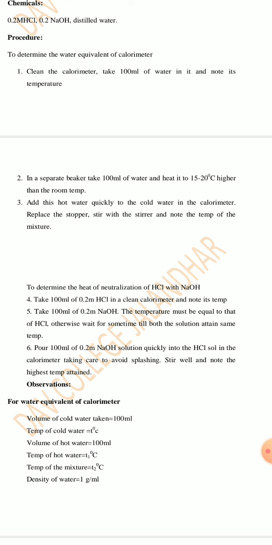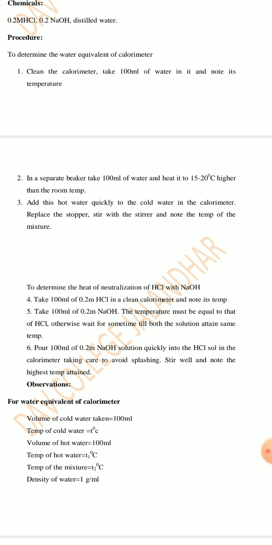Otherwise, wait for some time till both solutions attain the same temperature. Sixth point: pour 100 ml of 0.2 molar NaOH solution quickly into the HCl solution in the calorimeter, taking care to avoid splashing, stir well and note the highest temperature attained. That is the observation.